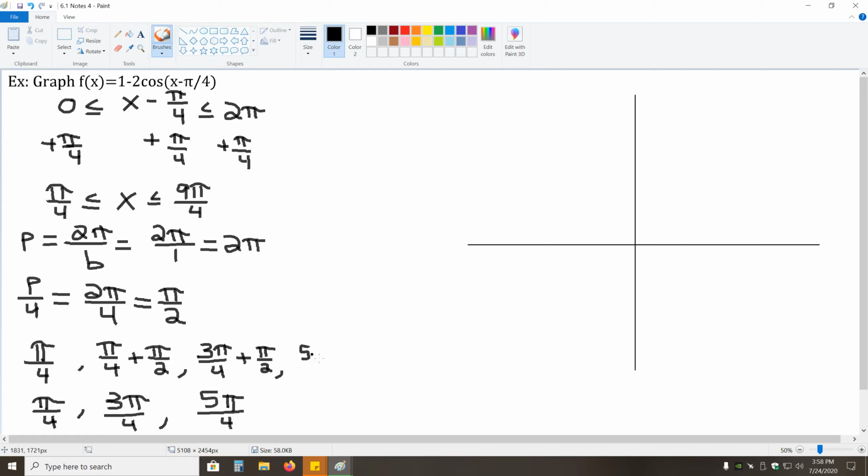Now we take 5 pi over 4 and add pi over 2 to that. So far this is 1, 2, 3 times we've added pi over 2. We're going to need to do it one more time after this. 5 over 4 plus 1/2 gives us 7 pi over 4.